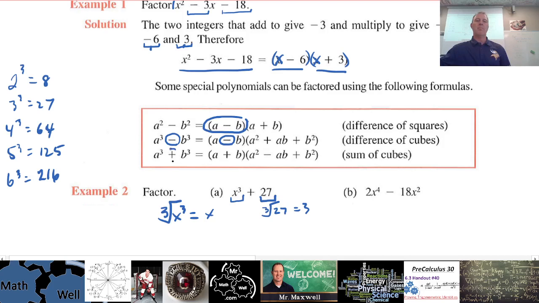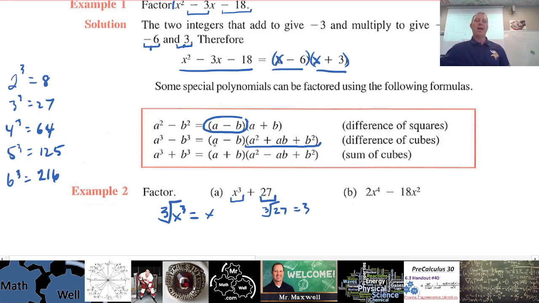If you have a sum of cubes, this first factor, this binomial, is also always a plus. Okay, so same sign is what we're looking for in the first factor. And then this one here is a trinomial, it's like a quadratic.